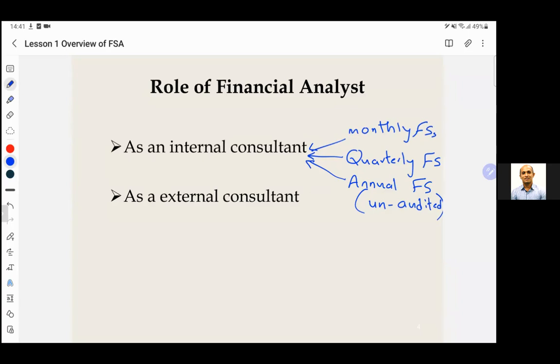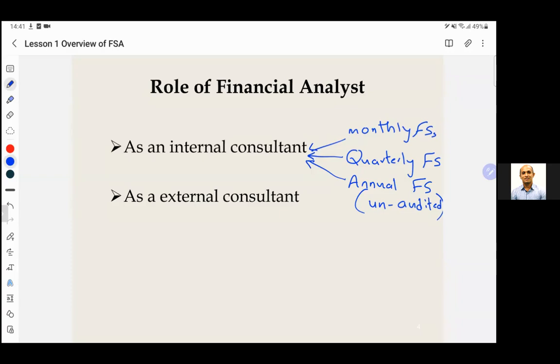You know, in unaudited financial statements, there may be misstatements, there may be significant errors, frauds. Sometimes these unaudited financial statements have not been prepared according to the accounting standards. Company may not have applied some accounting policies.